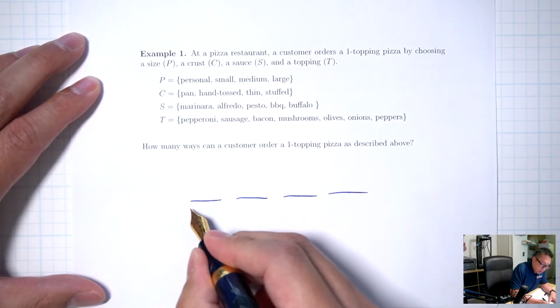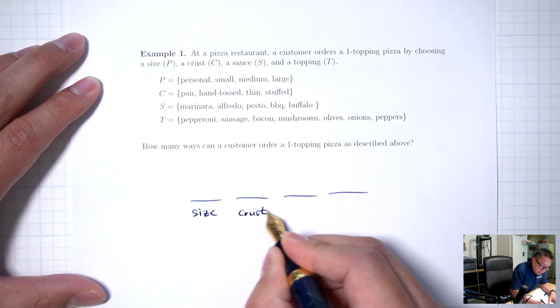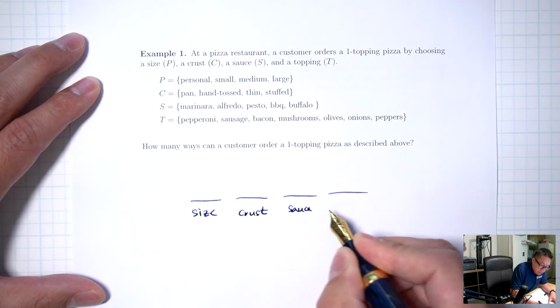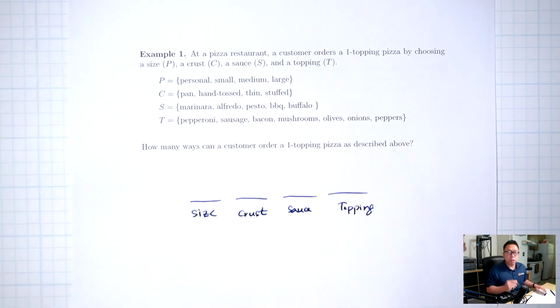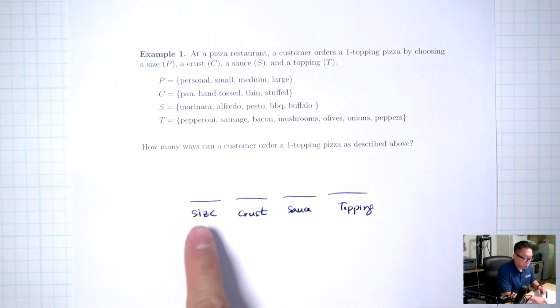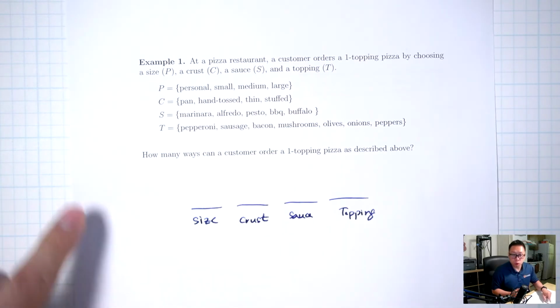Okay, the first one was for size. Second one was for crust, sauce, and topping. And all you do is for each blank, count how many options you have for each blank. For size, I can choose personal, small, medium, large, 4 options.